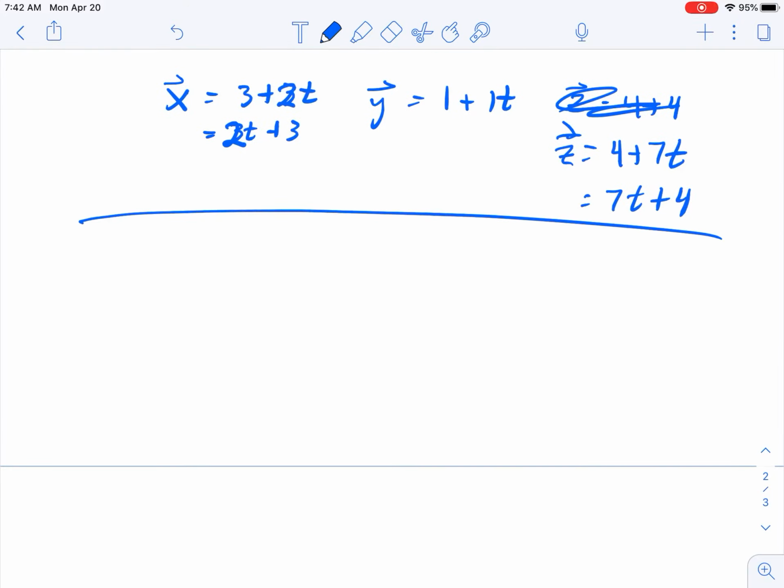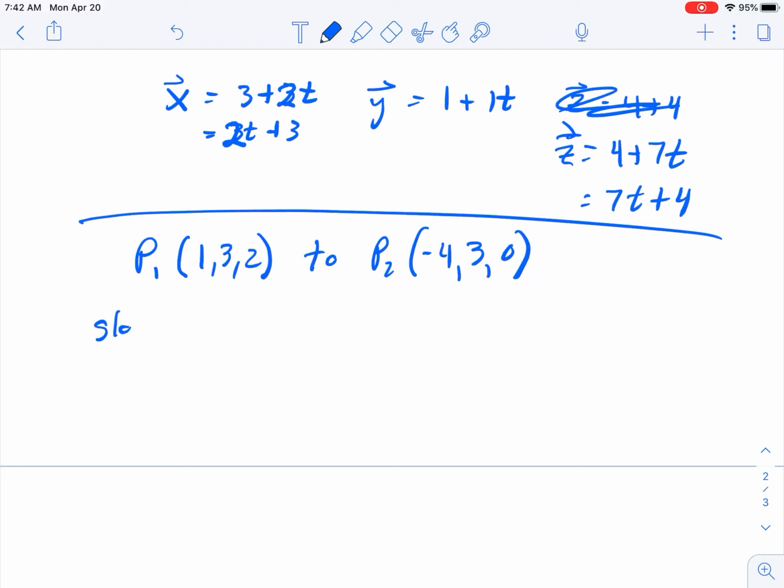Okay, and then one last review question. So if you have point 1, 3, 2 to the second point of negative 4, 3, 0, and again you're writing the equation, you've got to have your slope, or you're going to see it written as direction.